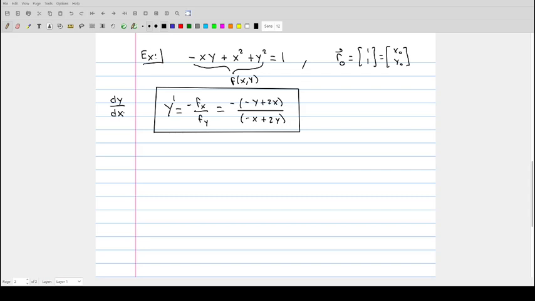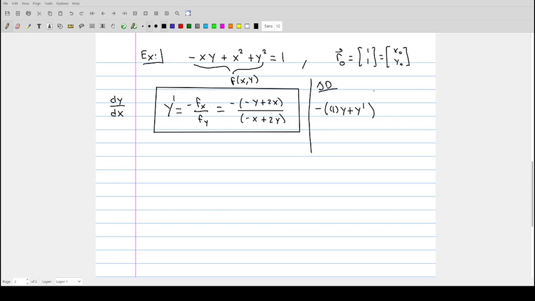I think this is much faster and much quicker than using implicit differentiation from single variable calculus, because you could go through and do that. From 1D calculus, doing implicit differentiation on this, you'd have to use the product rule right here. So the x derivative of this expression is going to be 1 times y plus y prime.